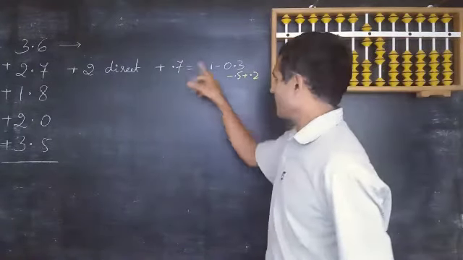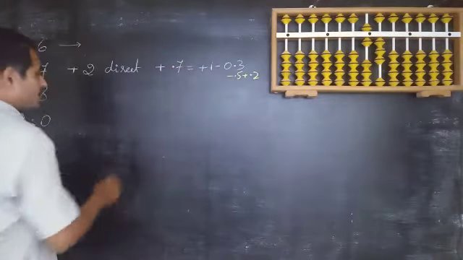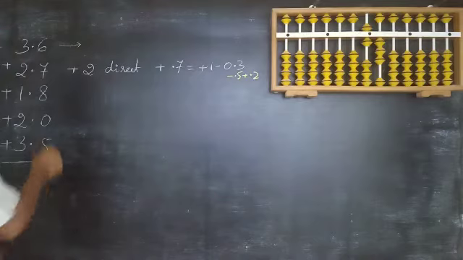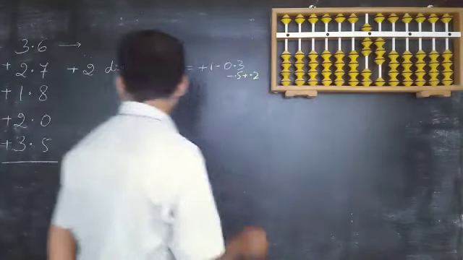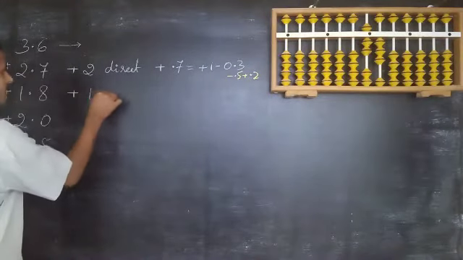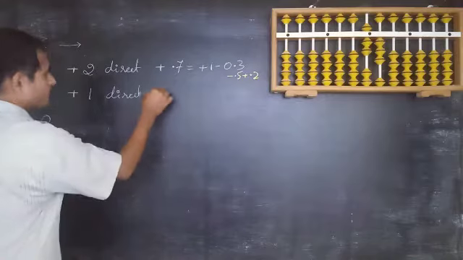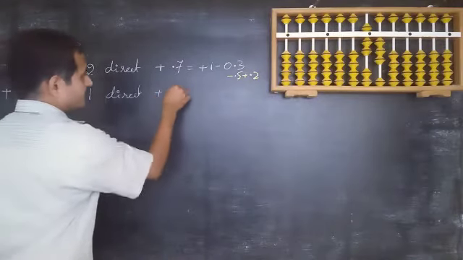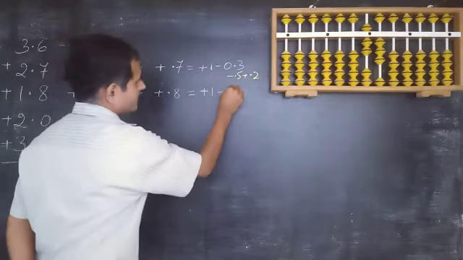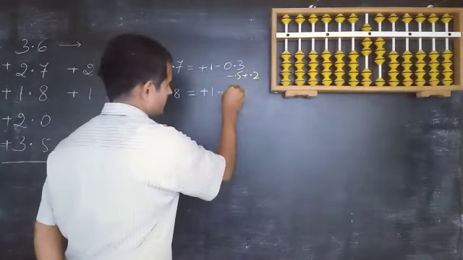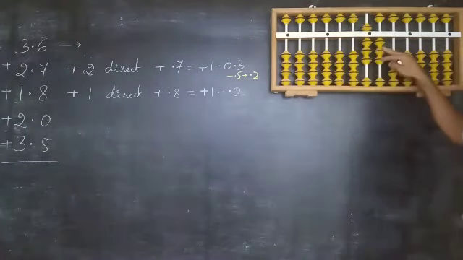While writing, we are putting points instead of taking the numbers in the unit place. Plus 1.8, plus 1 direct, plus 0.8 is equals to plus 1 minus 0.2.